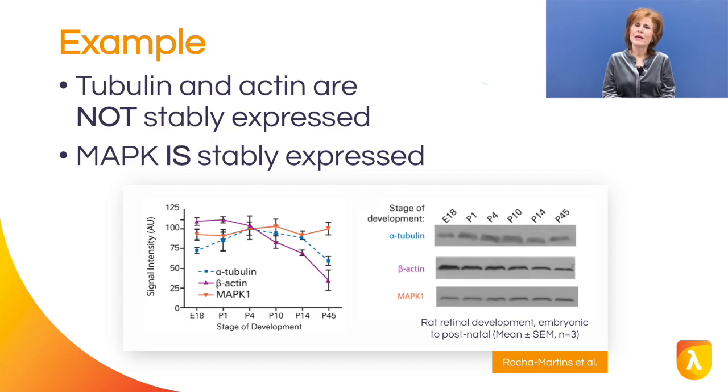For example, here a lab was looking for a stable loading control and found that actin and tubulin were not stably expressed during embryonic to postnatal retinal development, but MAPK was.